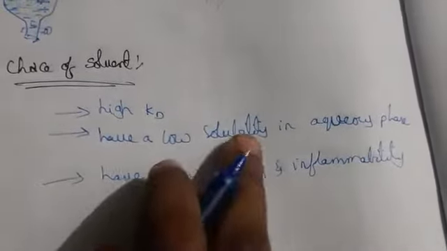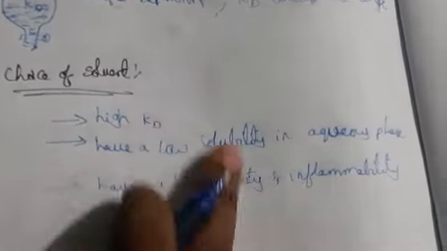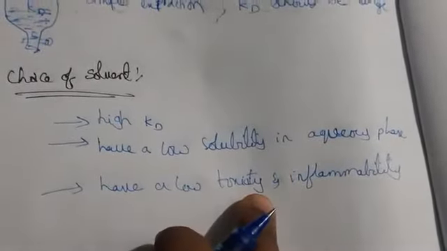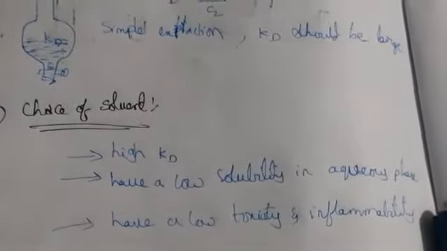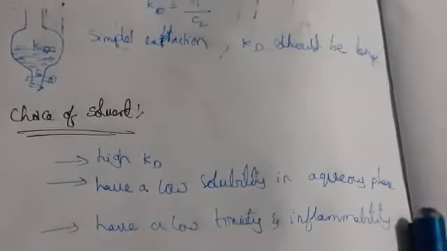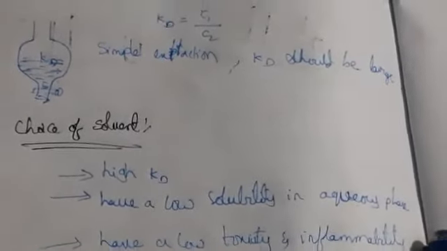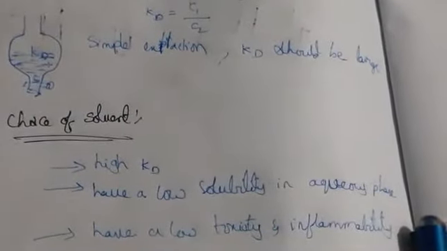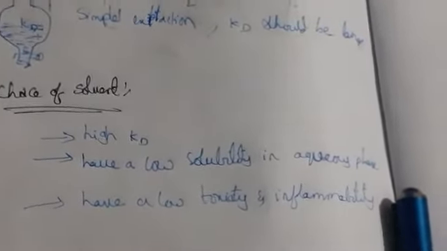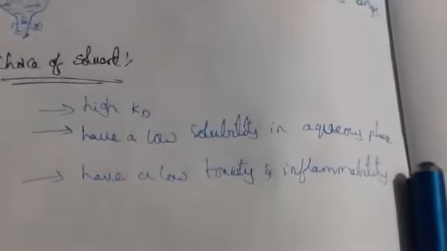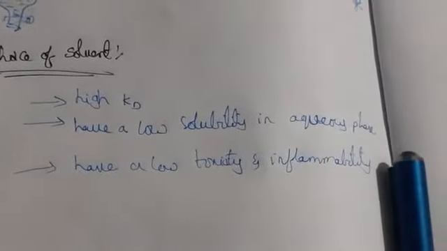Toxicity means the solvent you are taking should not be poisonous. Sometimes we take benzene, iodine. When you take those, the compounds can act as poisonous compounds when they absorb oxygen in the atmosphere. So those types of compounds we should mostly avoid.